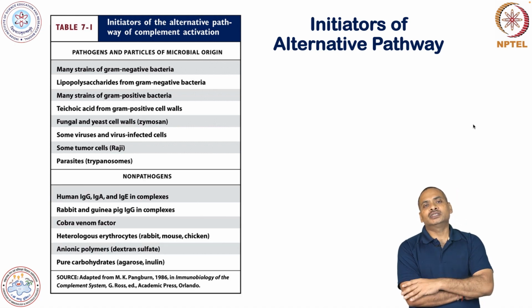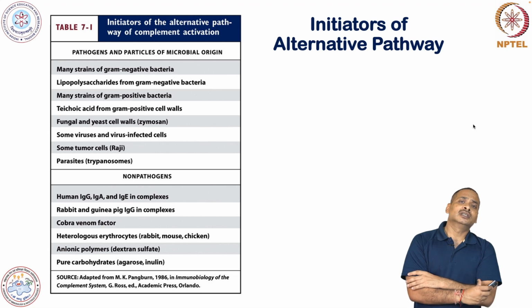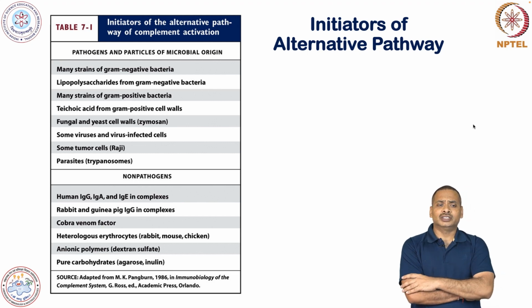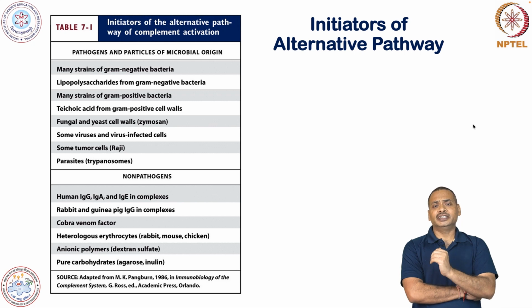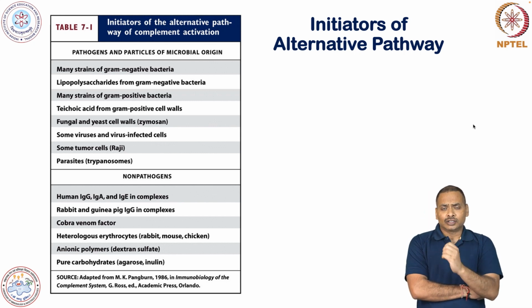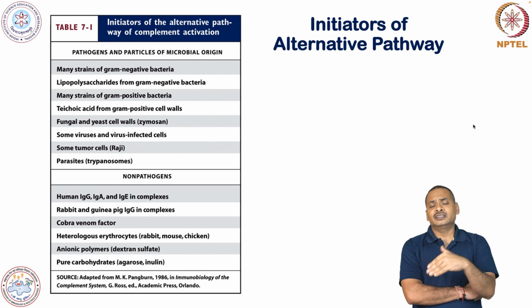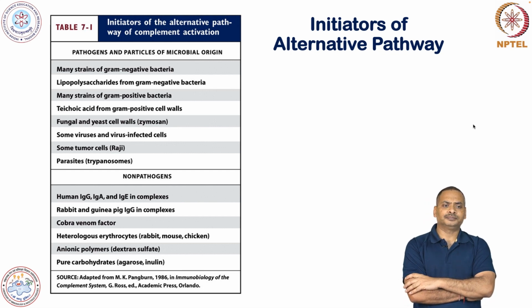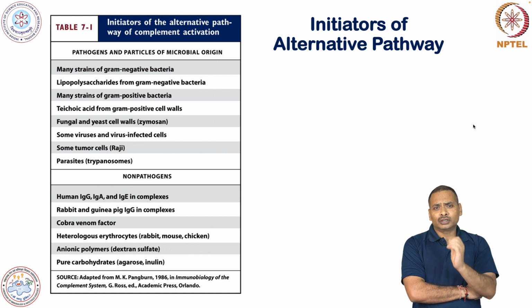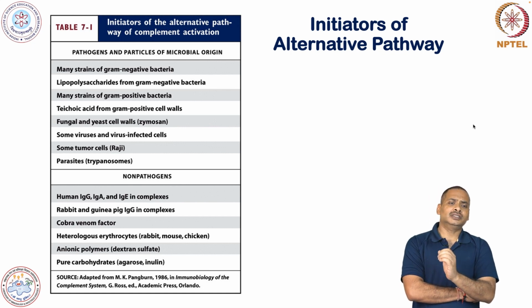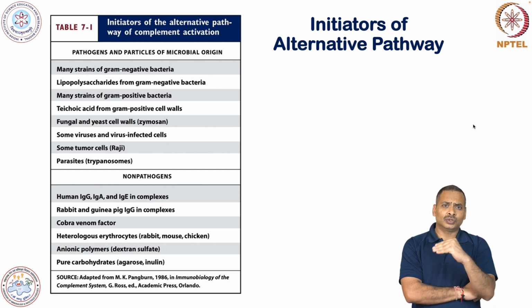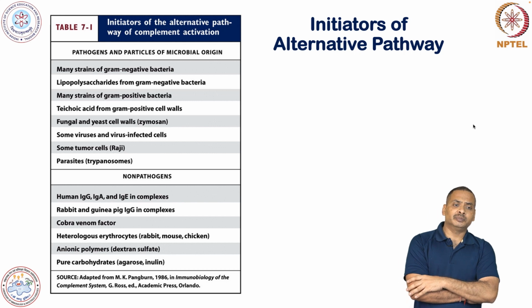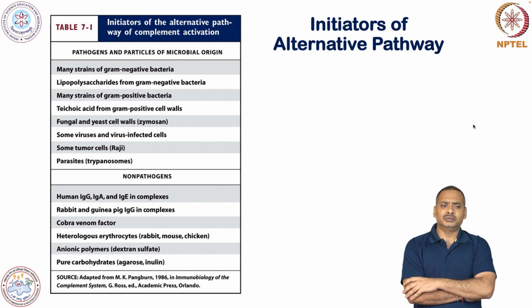There are some non-pathogen factors which can also trigger the alternative pathway. Here you can see that there are some immunoglobulins, like IgG, IgA and IgE, which in complexes can trigger the alternative pathway. Immunoglobulin G in complex form, originating from rabbit and guinea pig, can also trigger the complement pathway.